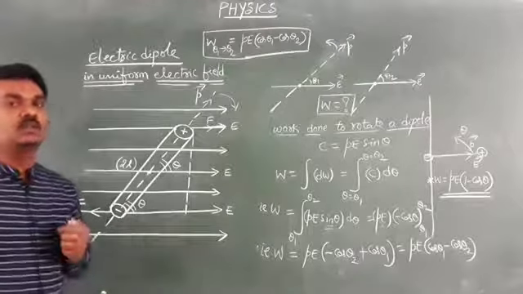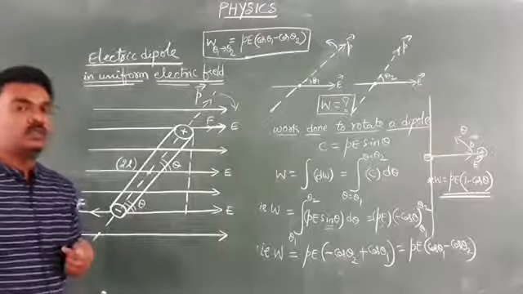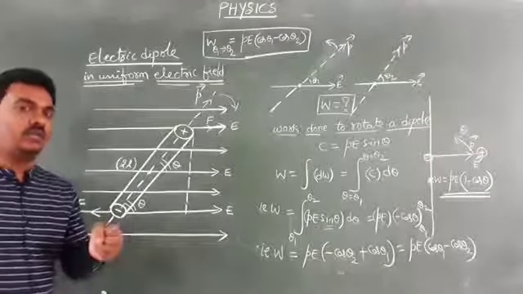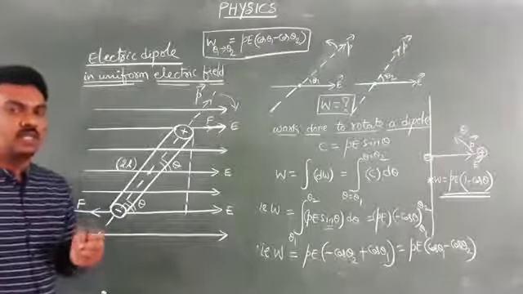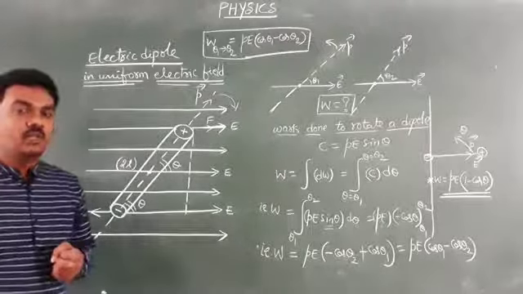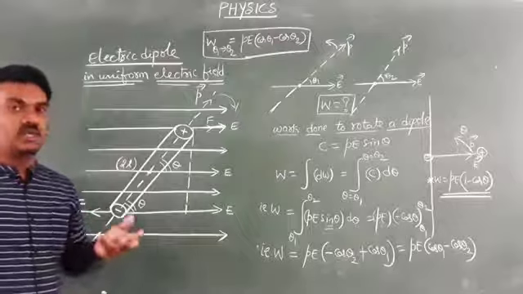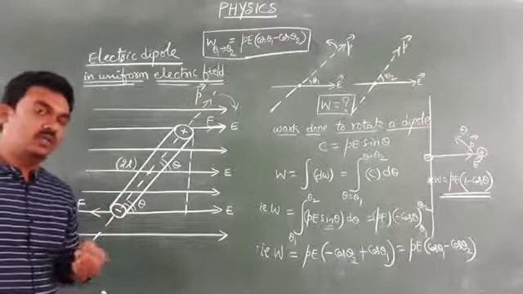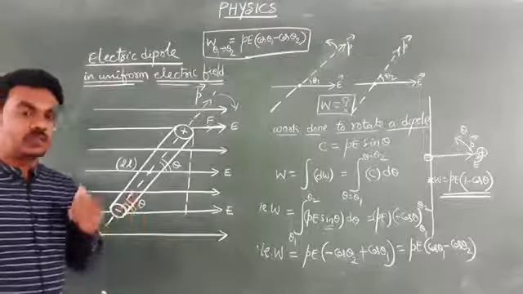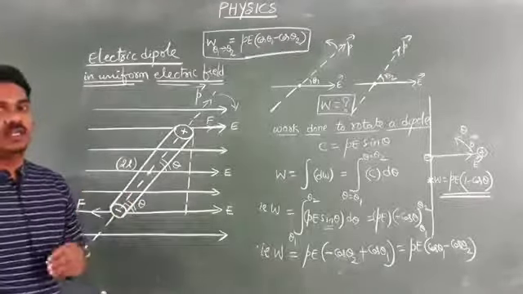In the next class, we will see what energy is possessed by the dipole in electric field. Does it possess energy? Then what is that energy and how to calculate it? If 2 or more dipoles are placed together, how will they behave? Dipole interaction, we are going to discuss in the next class.